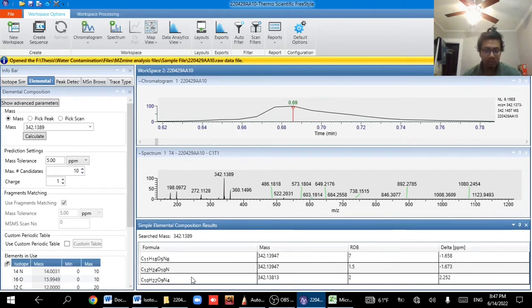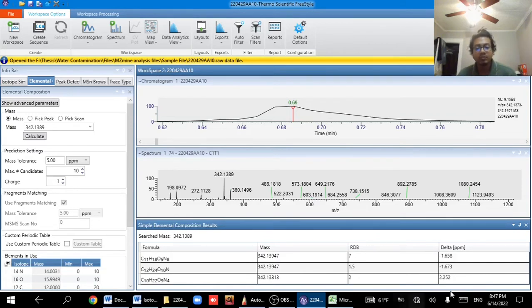Before doing that, you need to remember which delta value range is more acceptable. A delta of 2 at maximum is pretty good, but lower than 2 is better. Above 2.25 it is not so bad, but you can skip a formula like C10H22O9N4.